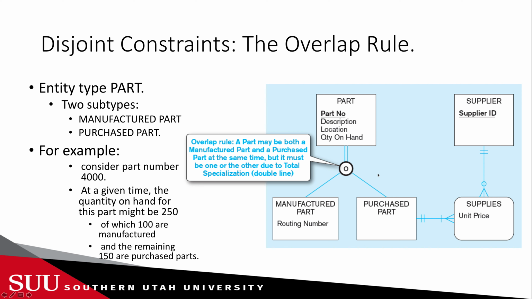And that is why we say, okay, we have the overlap here that tells me a part may belong to both of those subtypes. And this disjoint constraint will also work with the completeness constraint. In fact, we'll often use both of them to really tell the business rules of our ERD.